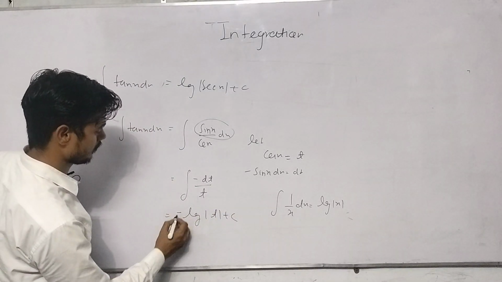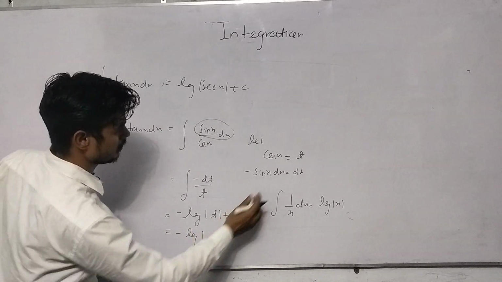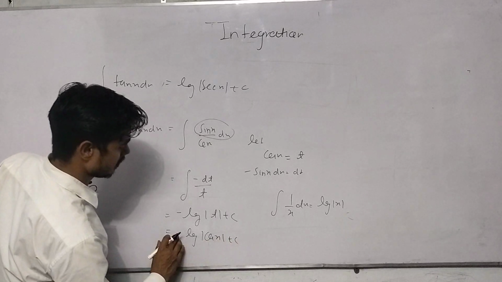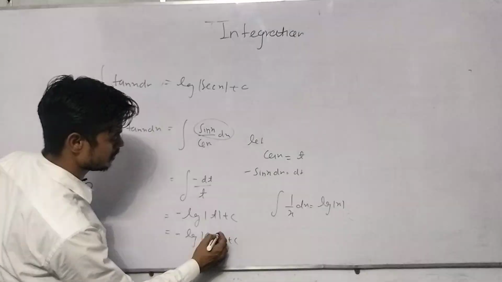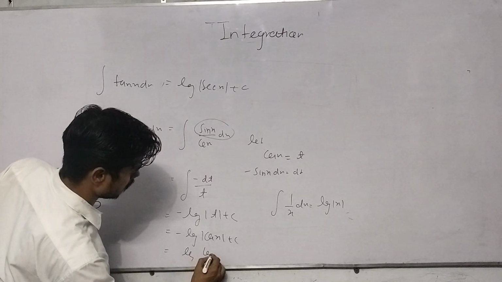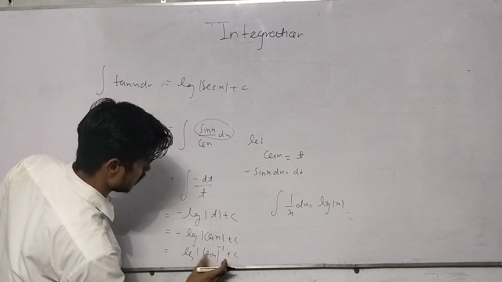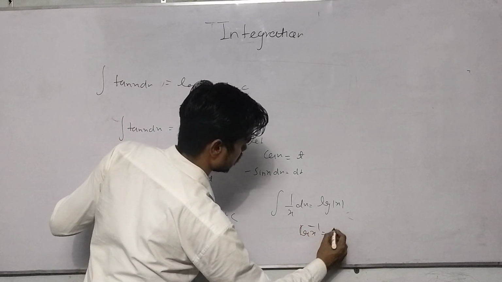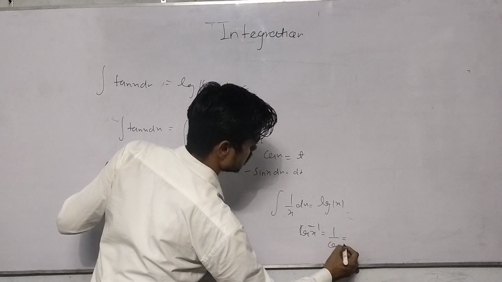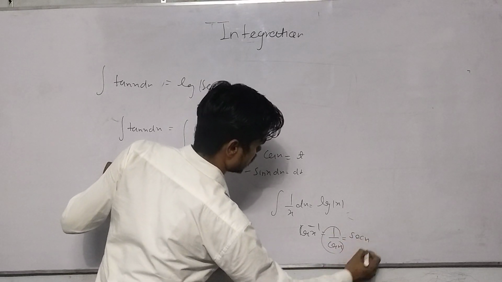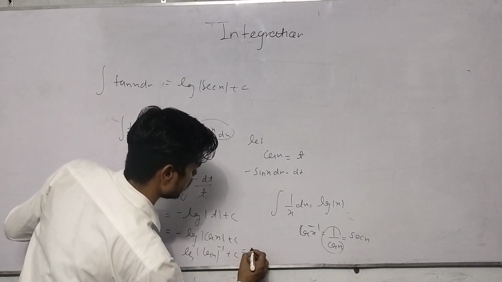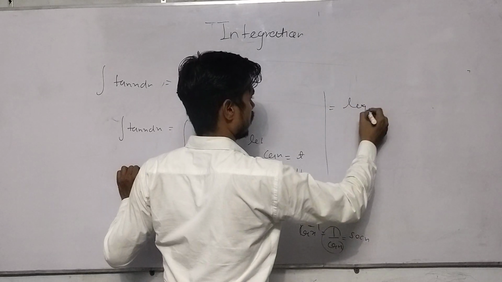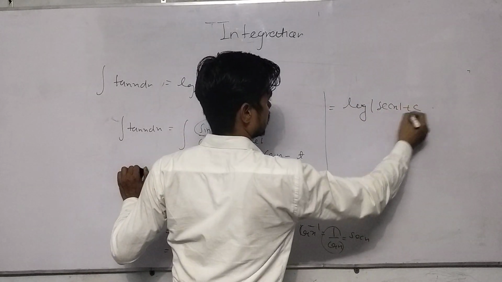The value of t is cos x, so minus log cos x plus c. The minus becomes the power of cos x, so log of cos x to the power minus 1. We can write this as the function sec x, so the answer will be log sec x plus c.